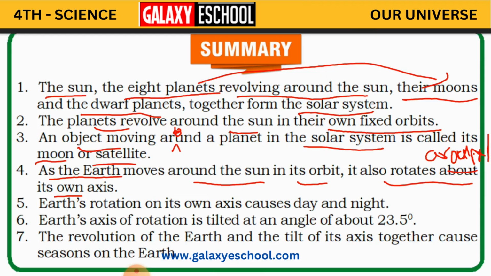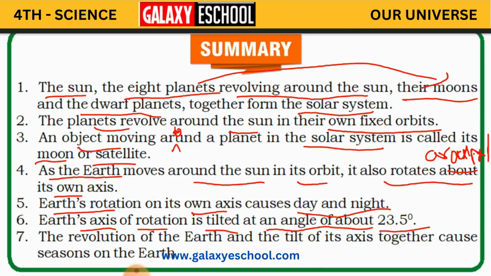And the fifth one is Earth's rotation on its own axis causes day and night. So how are we getting day and night? Because of Earth's rotation on its own axis. And the sixth point is Earth's axis of rotation is tilted at an angle of about 23.5 degrees.